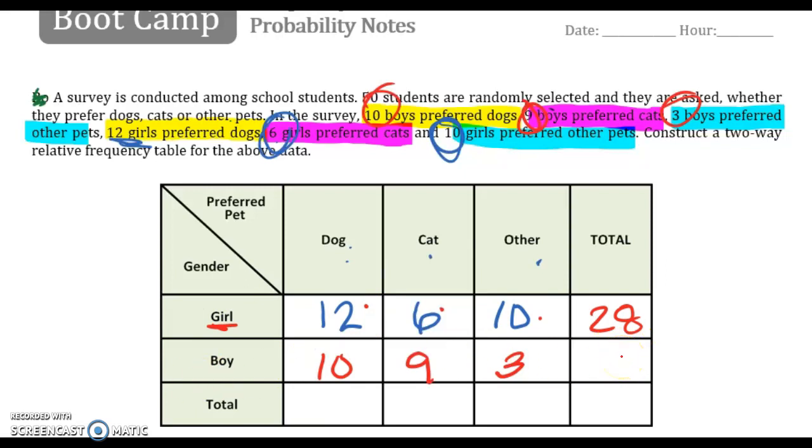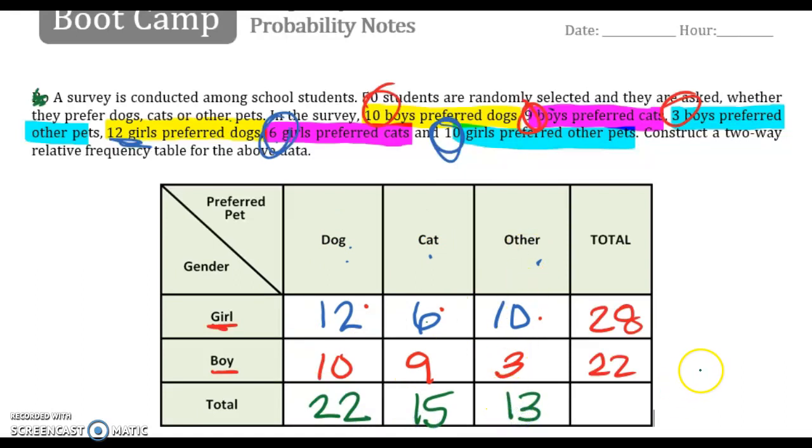You have 10 plus 9 plus 3, which is 22. So in this study, there are 22 total boys. And that takes care of those rows. Now let's go down the column. So the number of people who like dogs would be 12 plus 10, which is 22. Now let's figure out the cats. You have 6 plus 9, which is 15. And then the others would be 13.